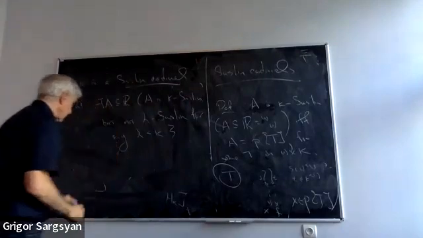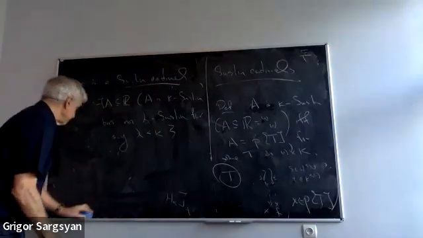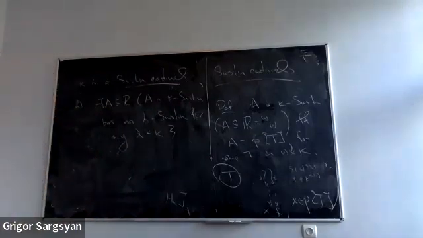So you get a new Suslin set when you reach the ordinal kappa.